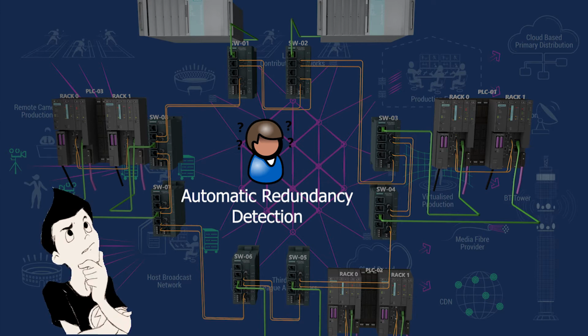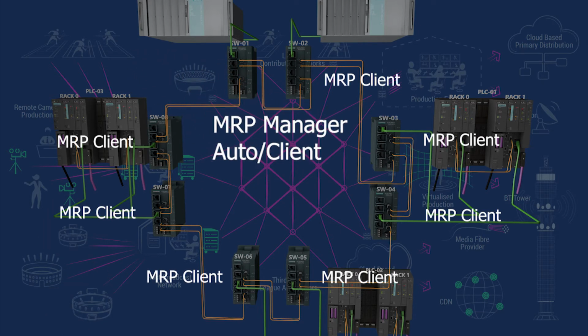This means that they never adopt the role of MRP client. So as a thumb rule, keep at least one network switch as MRP manager auto/client. Others should be MRP clients or automatic redundancy detection. As per my observation, it is better to keep the others as MRP clients.